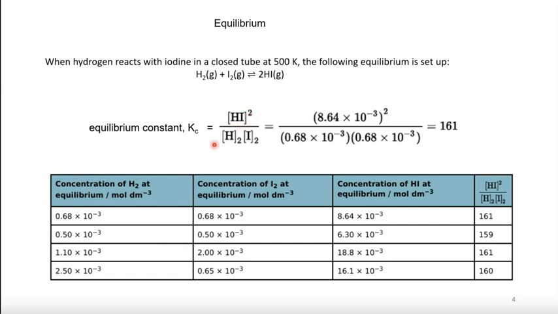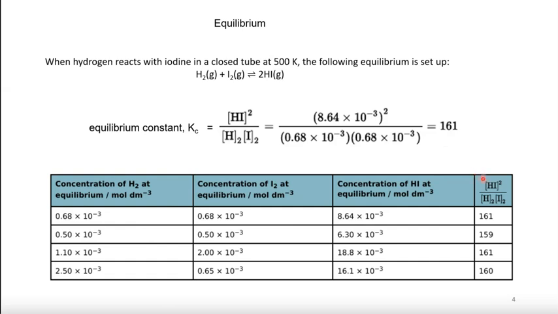Then we take data from here: the concentration of hydrogen gas, the concentration of iodine gas, and the concentration of hydrogen iodide gas. If we find the equilibrium constant from these three, it is 161. Then comes the unit of it, which we will talk about in later slides.